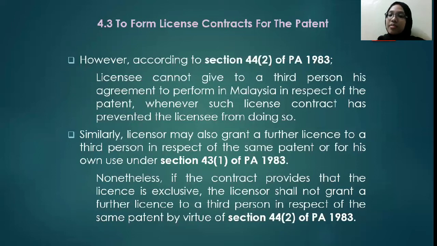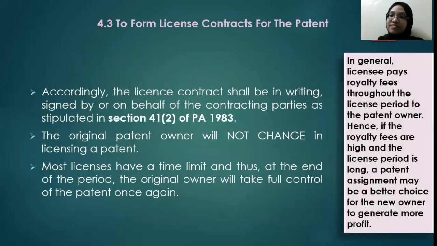Nonetheless, if the contract provides that the license is exclusive, the licensor shall not grant a further license to a third person in respect of the same patent by virtue of Section 44(2). Accordingly, the license contract shall be in writing, signed by or on behalf of the contracting parties as stipulated in Section 41(2) of Patent Act 1983.